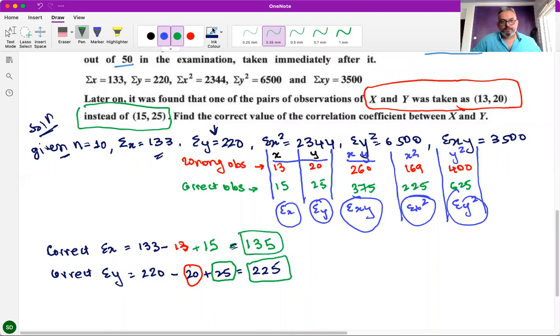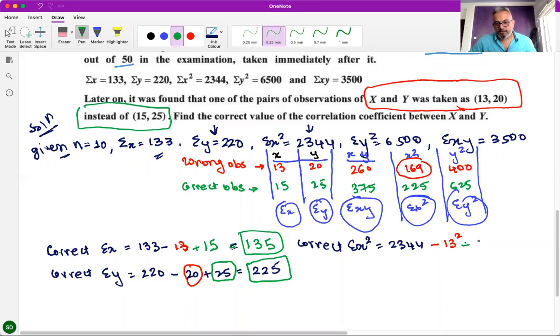Okay. Now, correct sigma x square. So correct sigma x square is wrong sigma x square. What is wrong sigma x square? 2344. अब ध्यान देना प्लीज, उसमें से माइनस करेंगे रॉन्ग ऑब्जर्वेशन का स्क्वायर. सो 2344 में से रॉन्ग ऑब्जर्वेशन का स्क्वायर यानी 13 का स्क्वायर. I'll make one more step for you so that you clearly understand when you do it again.